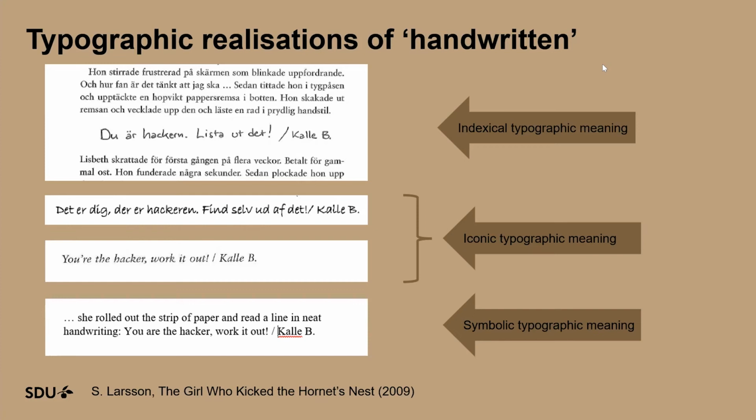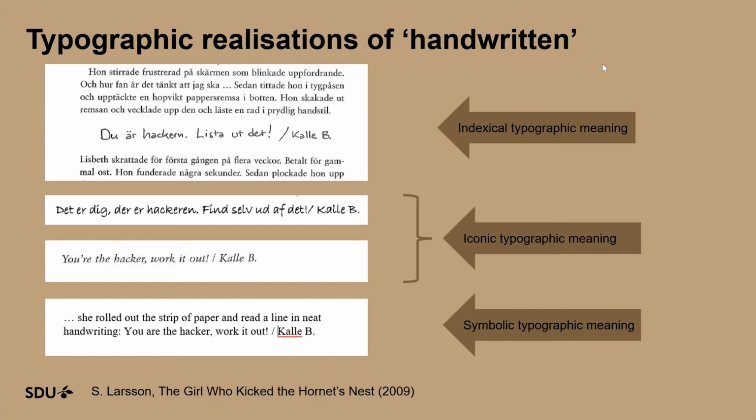And these typographic choices in the Danish and English editions reflect, I think, a common failure to appreciate the semiotic potential of typography that is not uncommon in publishing. Whenever a publisher wants to make a cheap translation or a cheap paperback, we often see that some of these choices are actually not translated, but simply made in an easier and cheaper way.